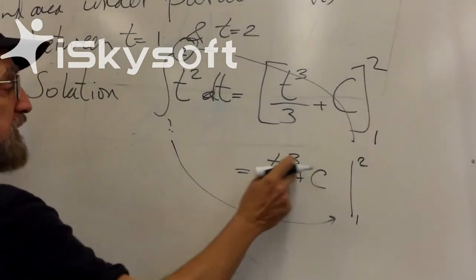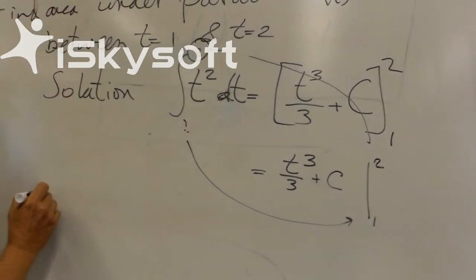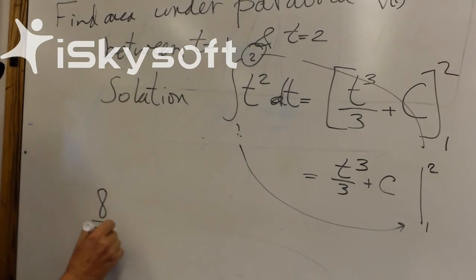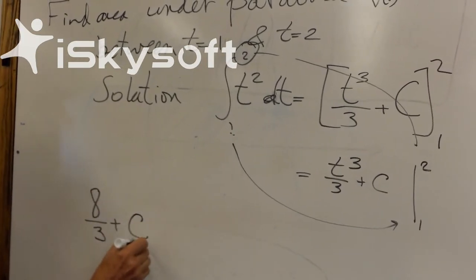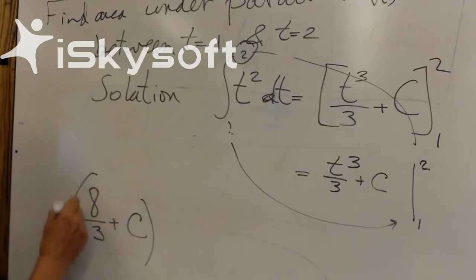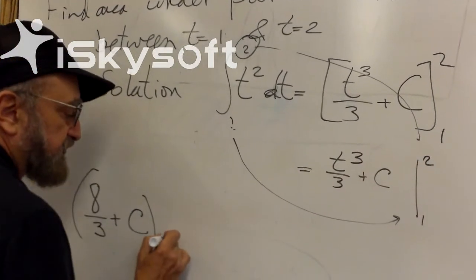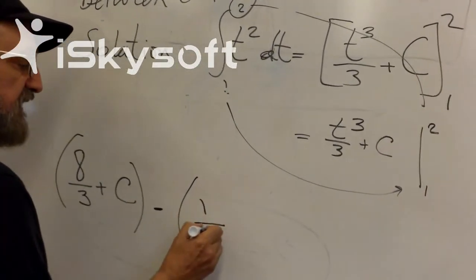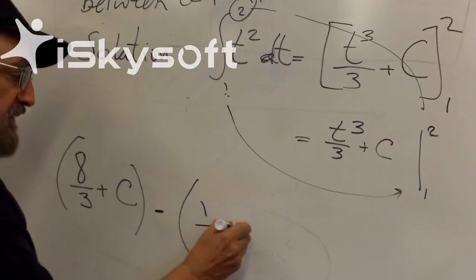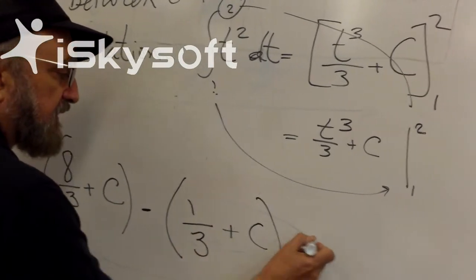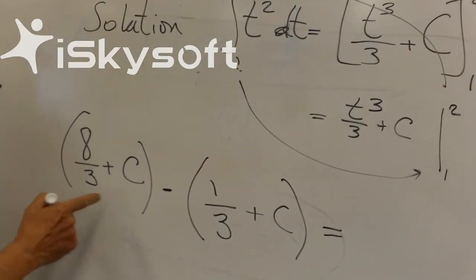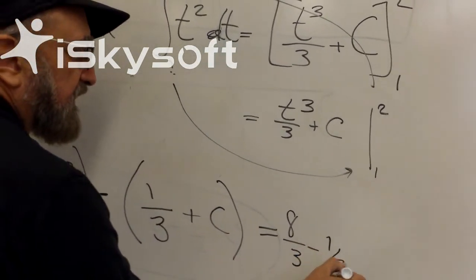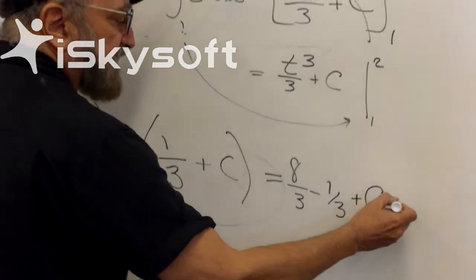At 2, we have t cubed. 2 squared is 4, 2 cubed is 8, so that's 8/3 plus the constant. That's the first term for the upper, and you subtract the value at 1. Easier for me anyway to calculate. 1 cubed is 1. Notice this gives you 8/3 minus 1/3, and always gives you plus c minus c.